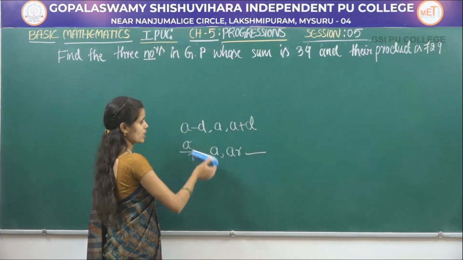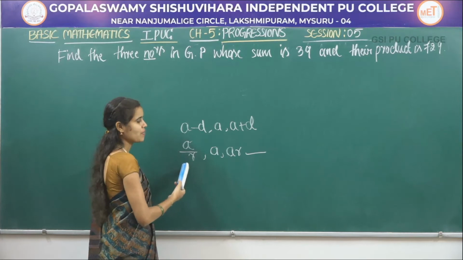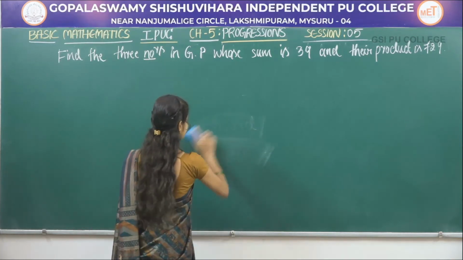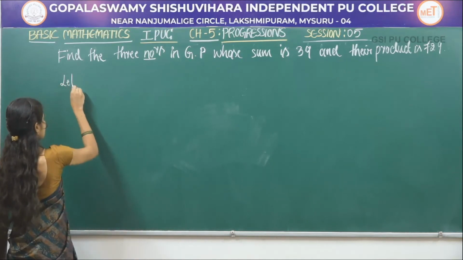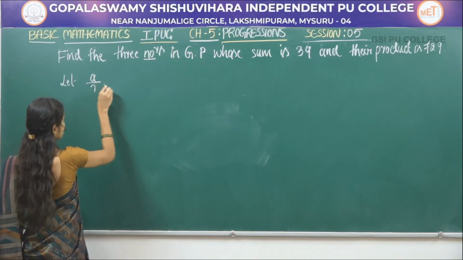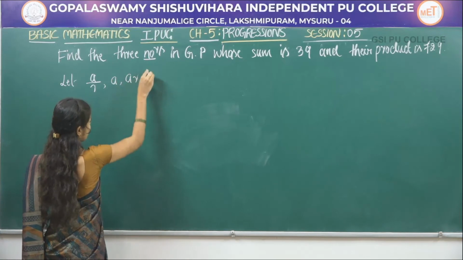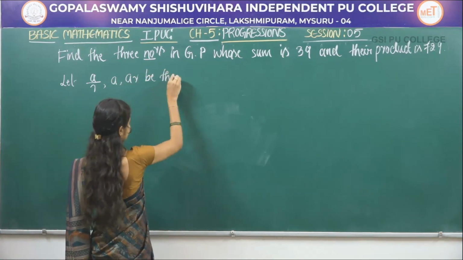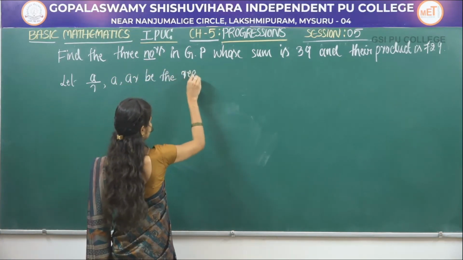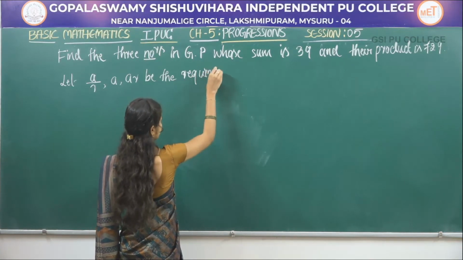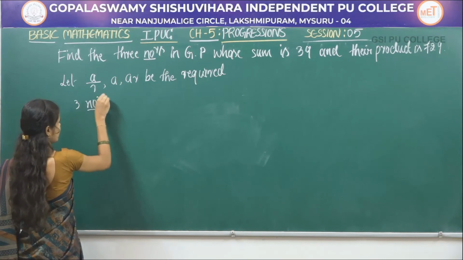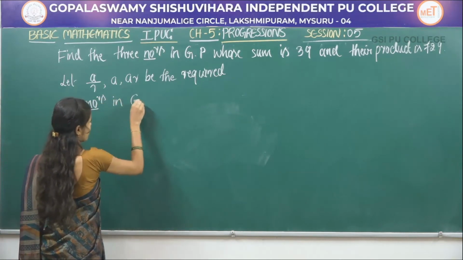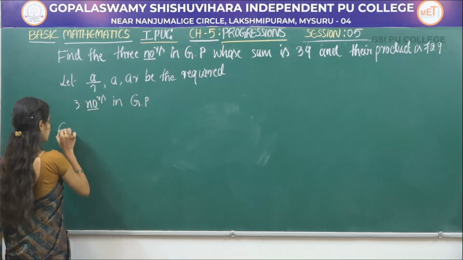So using these two conditions, let a by r, a, a into r be the required three numbers in GP. Next, write the given data.